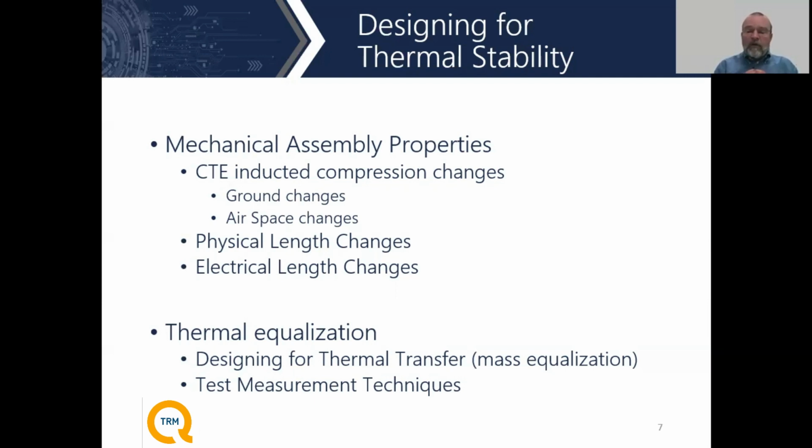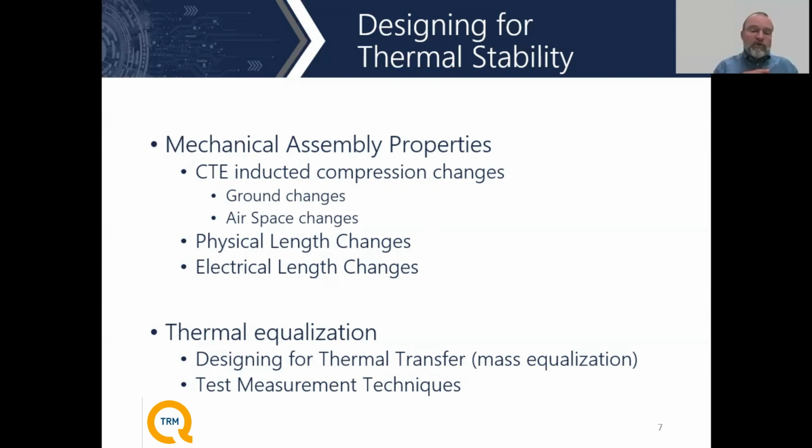Also, understanding the materials we use for physical length changes. Aluminum, for example, expands and contracts, and we need to make sure that all the other materials around it work in unison, essentially, to mitigate those sorts of thermal effects.